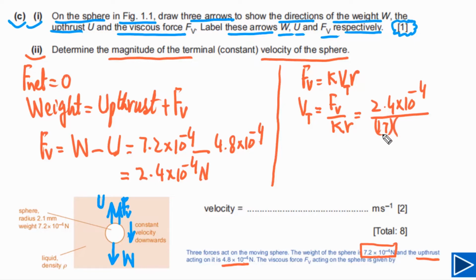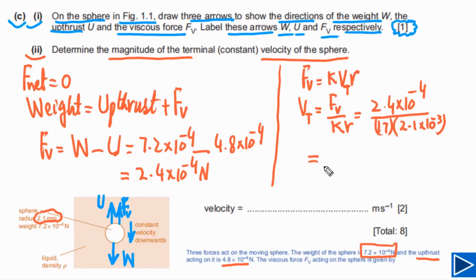K is a constant. R is the radius, and the radius of the sphere in this question is given as 2.1 mm. So in SI base units, we write 2.1 times 10 to negative 3 meters.